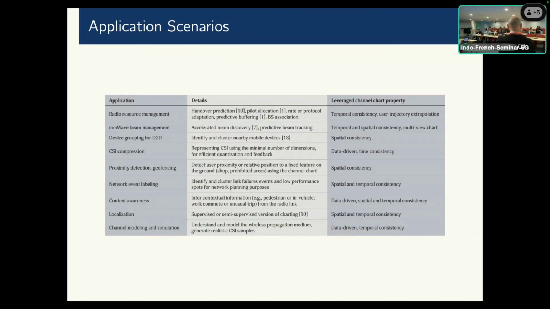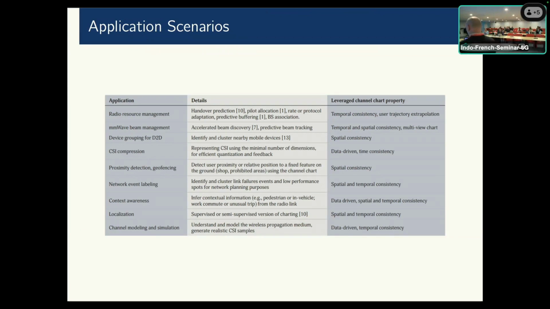You can do the channel chart on the lower frequency where you have massive MIMO arrays, and use that channel chart to pre-position the millimeter wave beams. You can do device grouping if you want to do device-to-device communication, proximity detection. During COVID, proximity detection was a big thing.